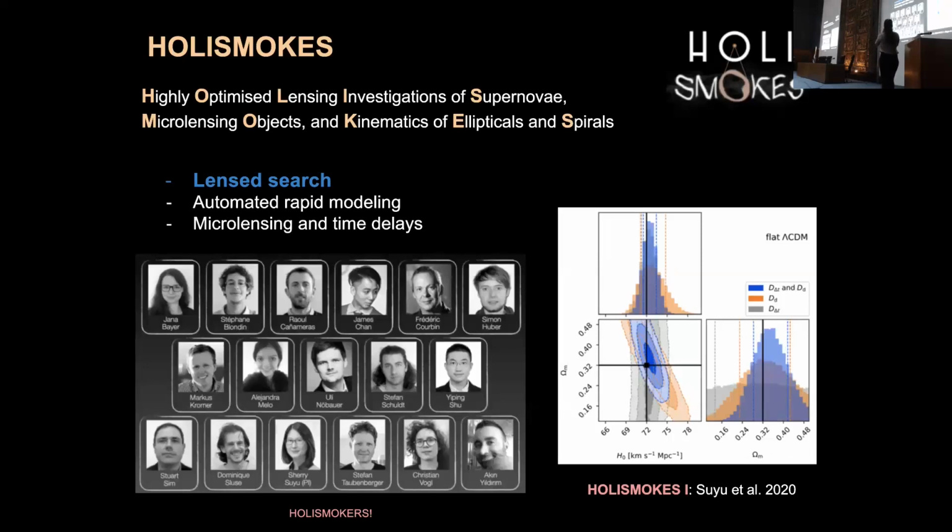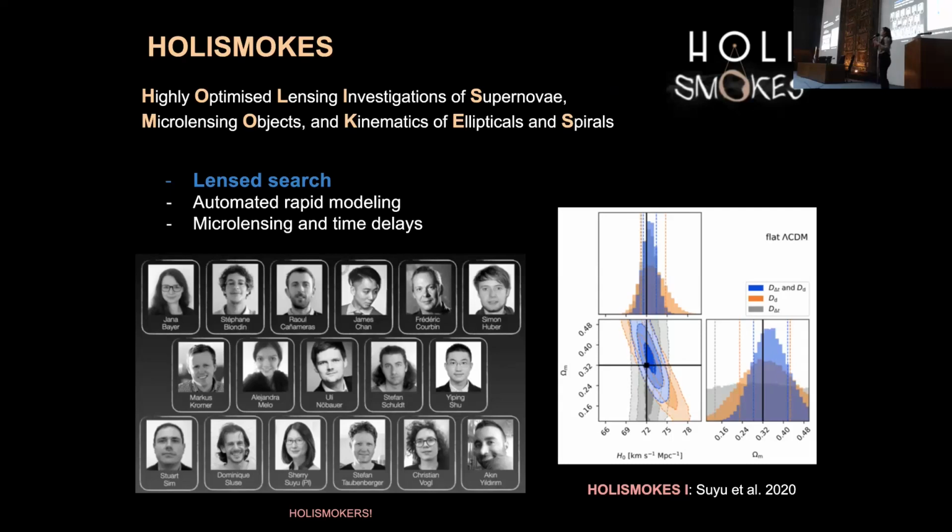Now, these are the Holismokers that we are right now, where the PI is Sherry Suyu. We have three main teams. First is lens search, where we are trying to find all of the galaxy lens systems so that maybe a supernova can explode.